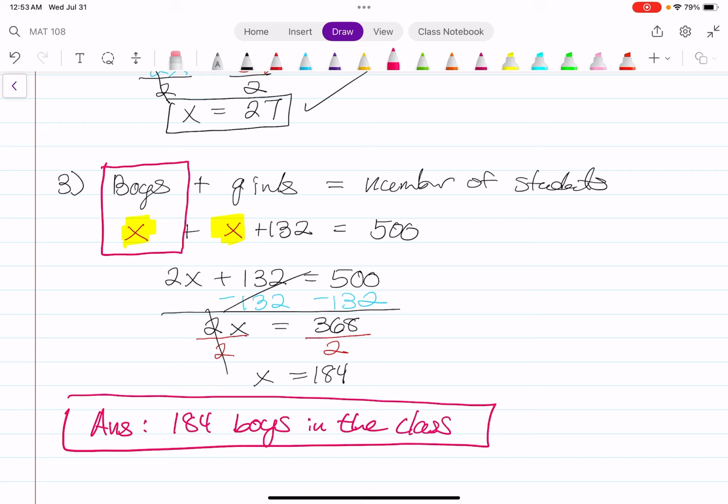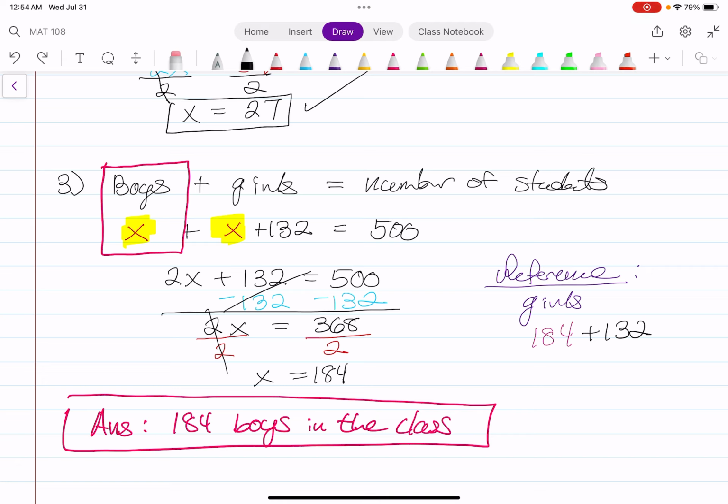And for reference, I'm going to put this over here. For girls, to find the number of girls in the class, if the question asks that, that's going to be 184 plus 132, because there's 132 more girls than there are boys in the class.